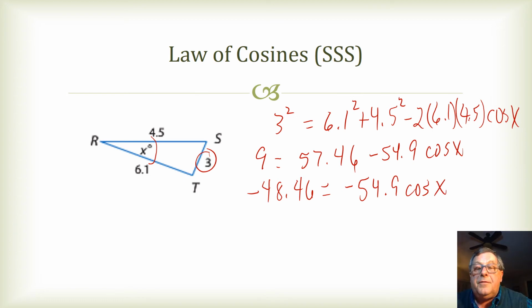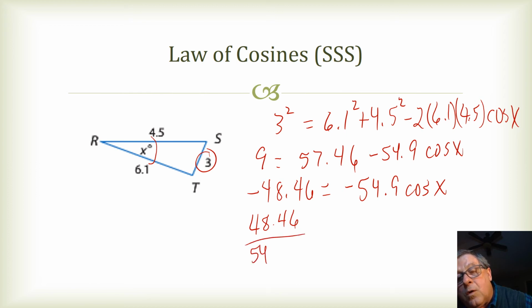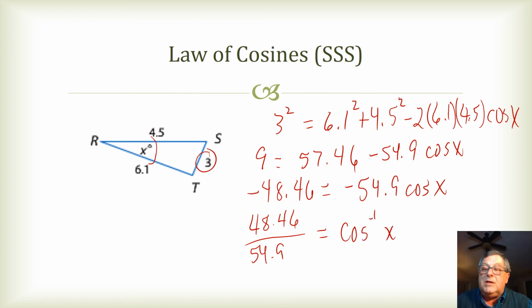Let's divide negative 48.46 by negative 54.9, and they're both going to turn positive. So I'm just going to write 48.46 over 54.9, and that's going to equal the inverse cosine of x, using the inverse because I want to find the angle measure.